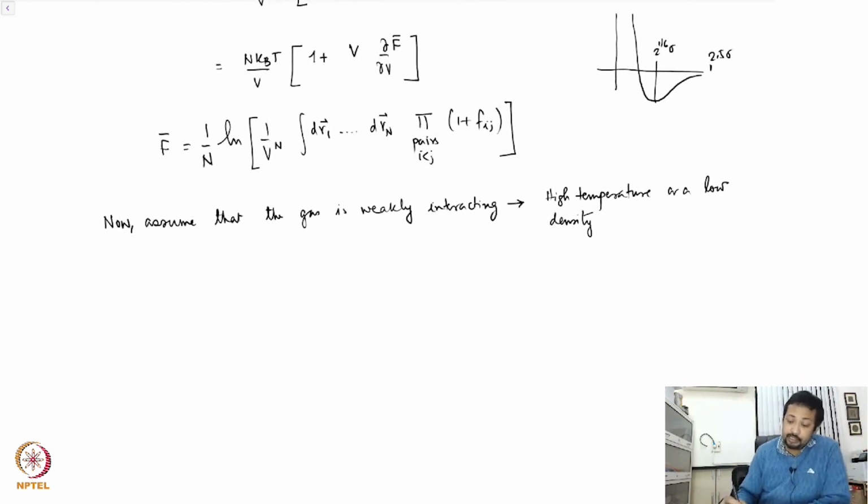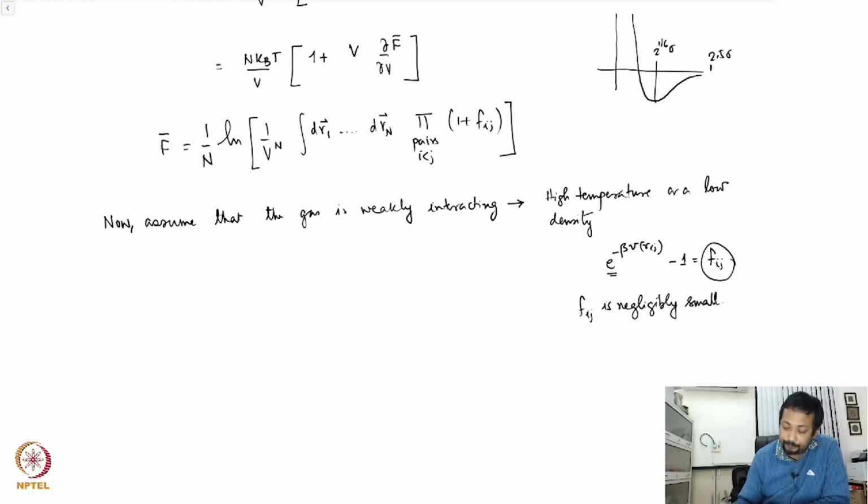So it means in such a situation that this quantity, e to the power minus beta V of rij, because you have a high temperature and beta is very low, minus 1 is equal to fij. So this factor is almost 1, so fij is negligibly small.